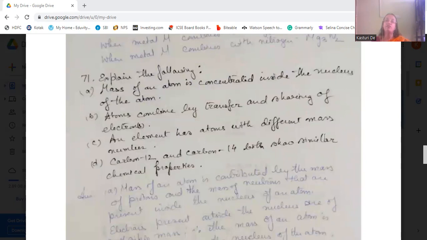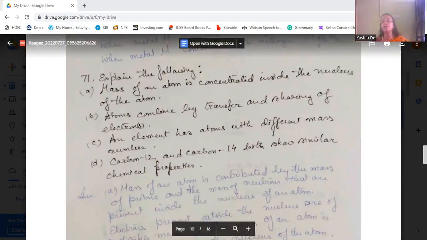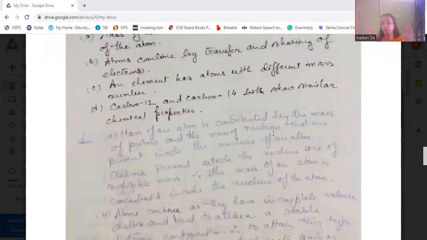Then explain the following. Mass of an atom is concentrated inside the nucleus of an atom. Atoms combine by transferring and sharing of electrons. An element has atoms with different mass numbers. Carbon-12 and carbon-14 both show similar chemical properties. First question, mass of an atom is concentrated inside the nucleus because the mass of an atom is formed by the mass of the protons and the mass of the neutrons, which are present in the nucleus.